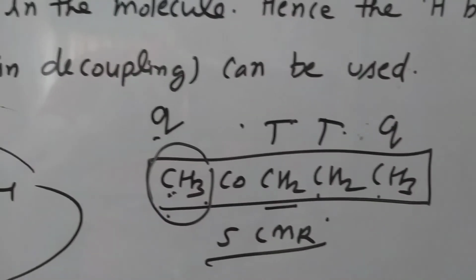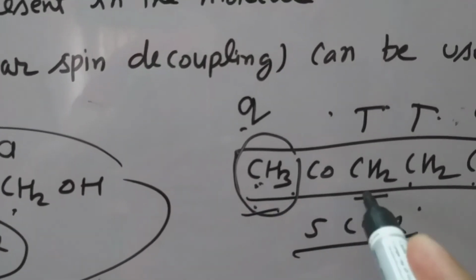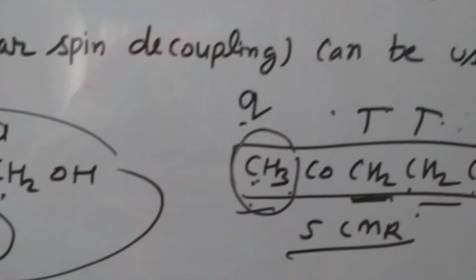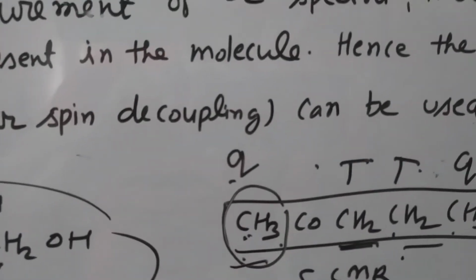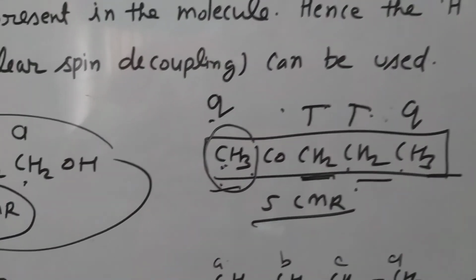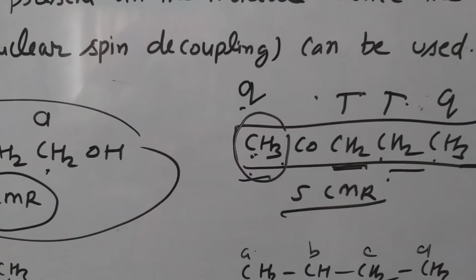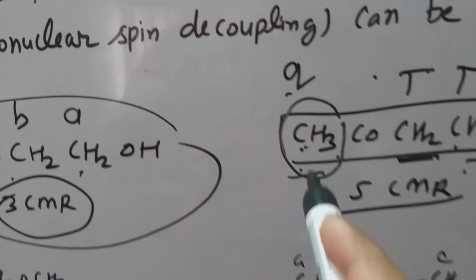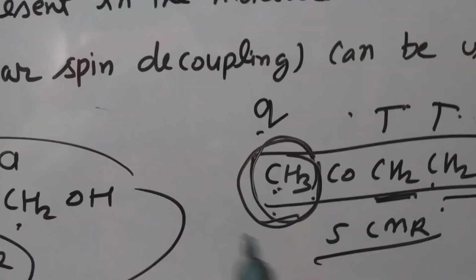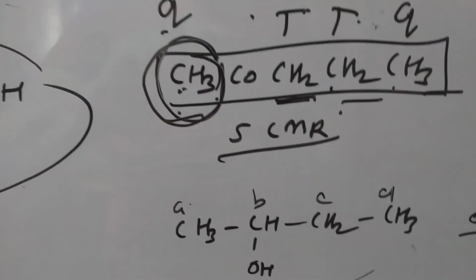And when we use the broadband decoupling technique, all these peaks will appear as singlets, and due to the formation of singlets, the intensity of the CMR signal is highly increased and they can be detected easily. However, we have to forget about the neighboring environment of these carbon atoms when we use this type of broadband decoupling technique.